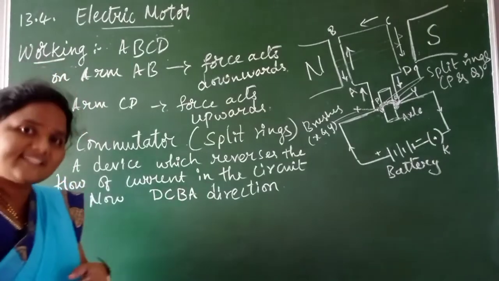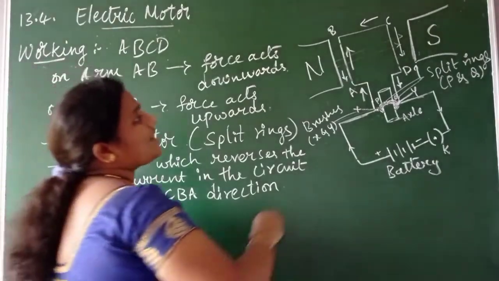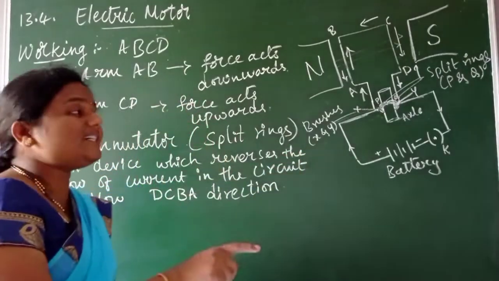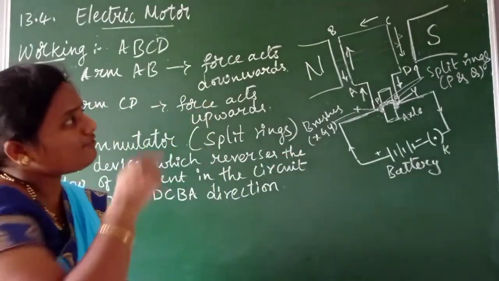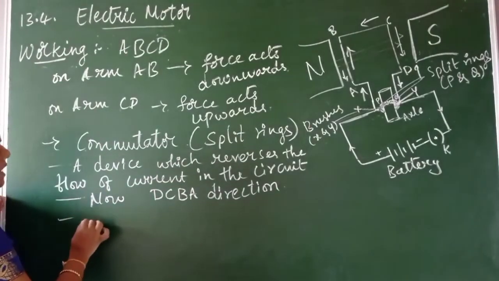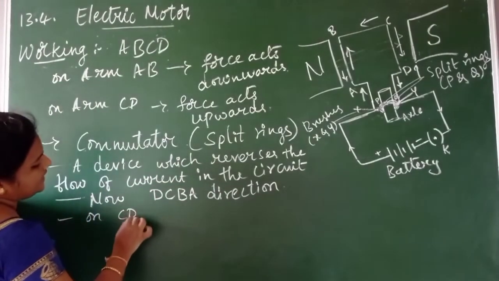Due to the reversal of current, the arm CD, which initially moved upwards, now has the force applying downwards. Now what happens on the CD arm?